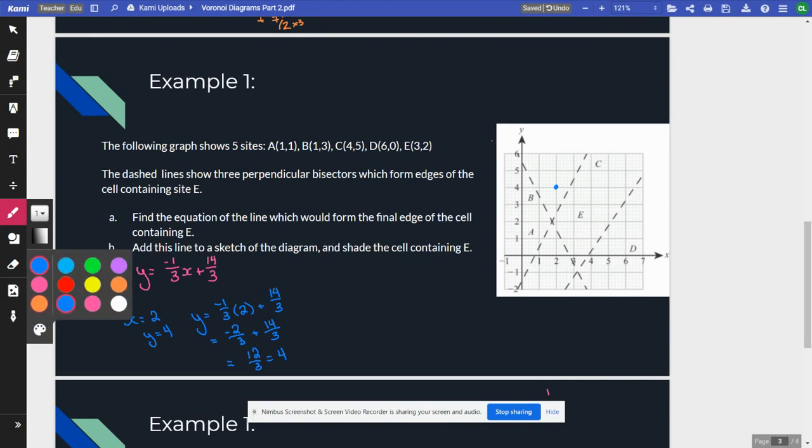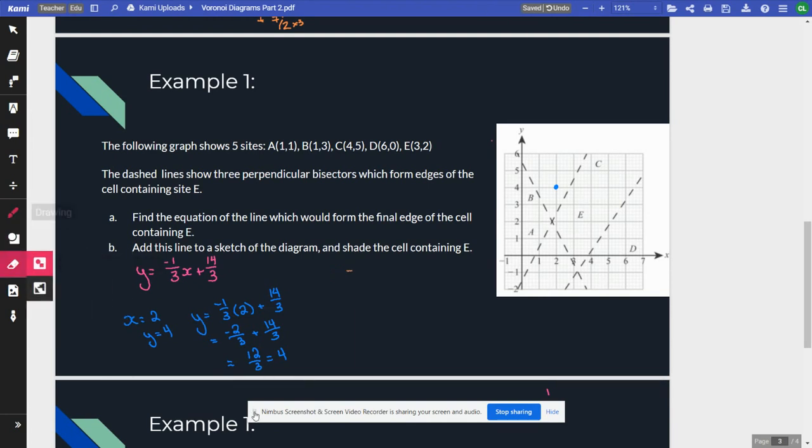So let's pick another point. Let's say that x equals 5. We're trying to find y. So x equals 5. So then we're going to have y equals negative 1/3 times 5 plus 14/3.